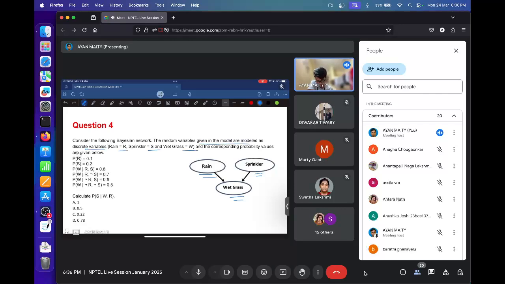For example, this symbol represents negation of S. Corresponding probability values are also given, and you have to calculate probability of S given W and R. So this is R, this is S, and this is W.